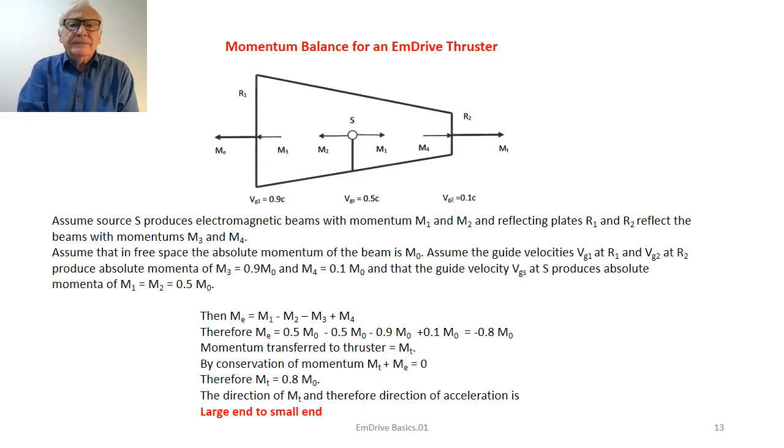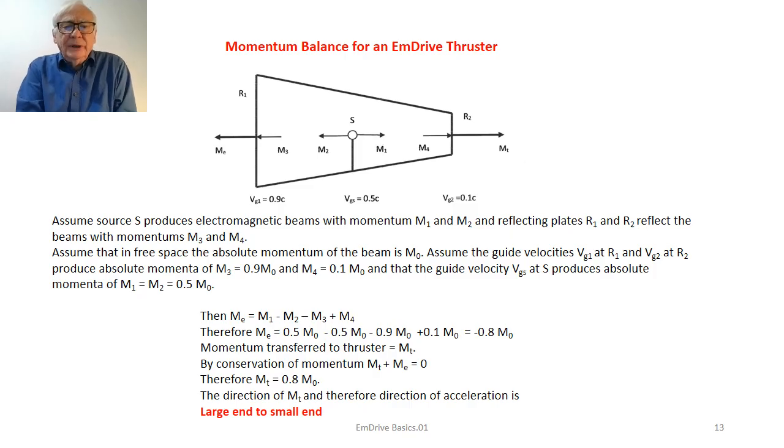At the source, M1 and M2 will have absolute values of 0.5 M0, and at reflector R2 the momentum at this point, M4, will equal 0.1 M0.